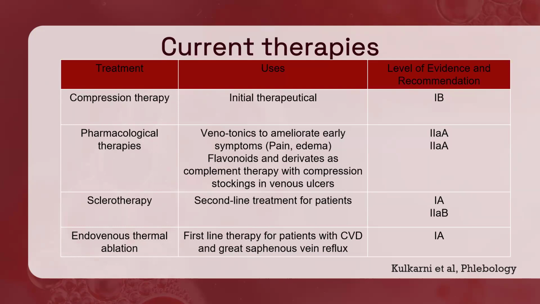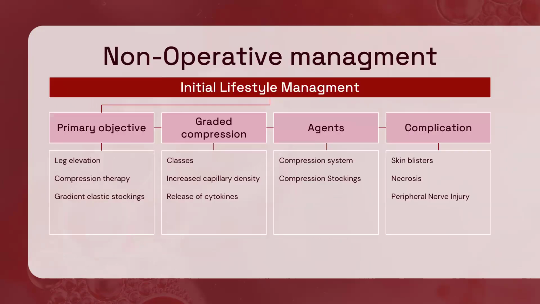Go ahead, Dr. Sameer. So, as for the chronic vein insufficiency, these are the current therapeutic guidelines with levels of evidence as mentioned. Compression therapy is the initial therapy which we offer to the patient.